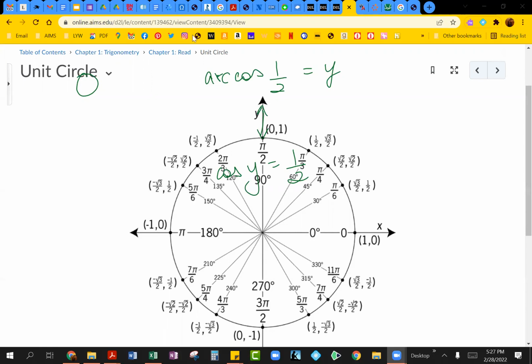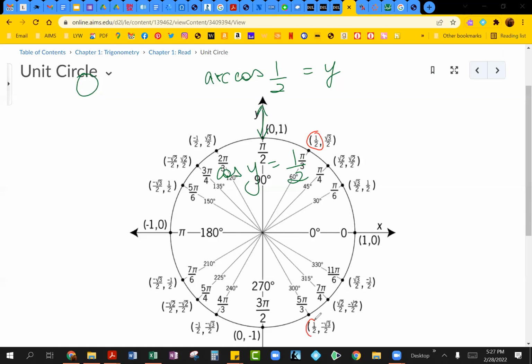So you will see, again, remember cosine is the first value in your ordered pair, and you will see right over here is where we have cosine of 1/2, and that is going to be at this angle. And I know it's kind of hard to see, but that is pi over 3. Because as soon as we move over to the other side, you will see this ends up becoming negative 1/2.